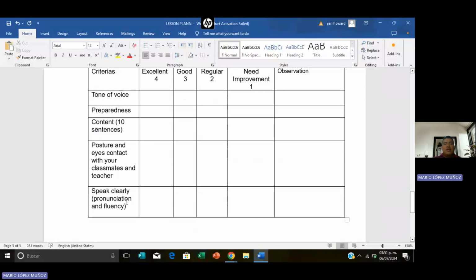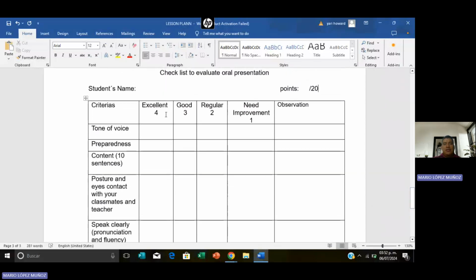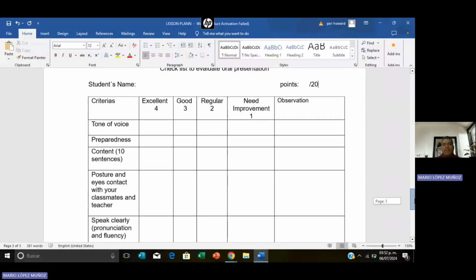It means the posture and eye contact with the audience. And the last one is speak clearly, which is related to pronunciation and fluency. The scale is excellent 4 points, good 3 points, regular 2 points, and needs improvement 1 point. And there is also a space where I can write observations.